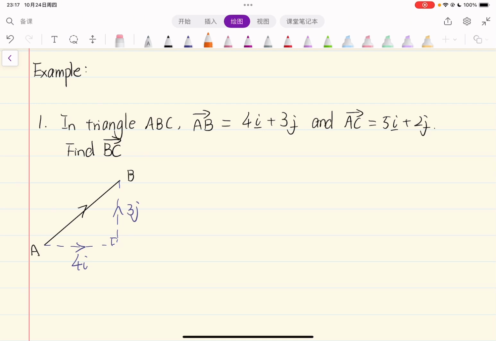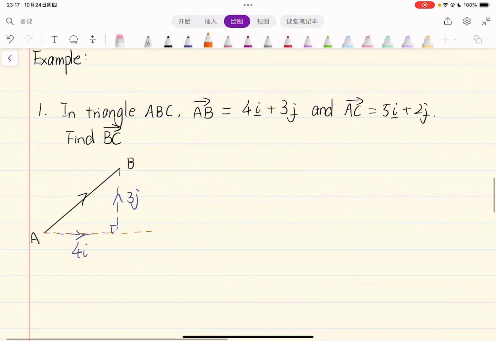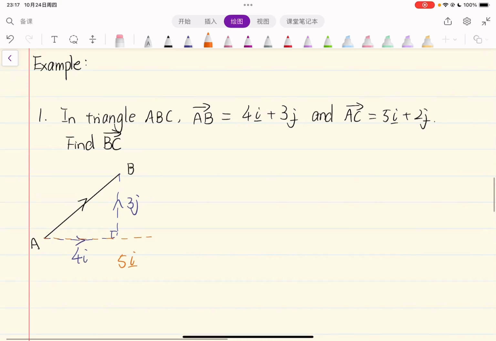So we can draw that. Here is 5i and 2j. So here is a vector AC.